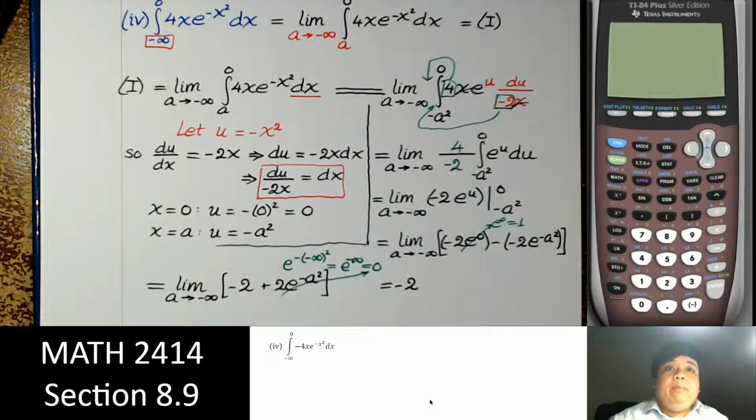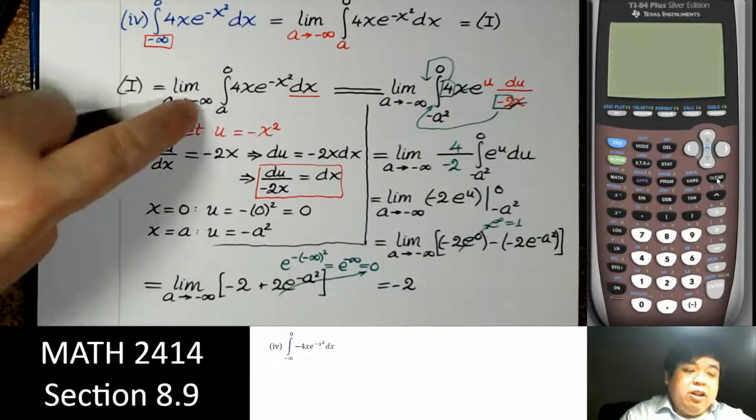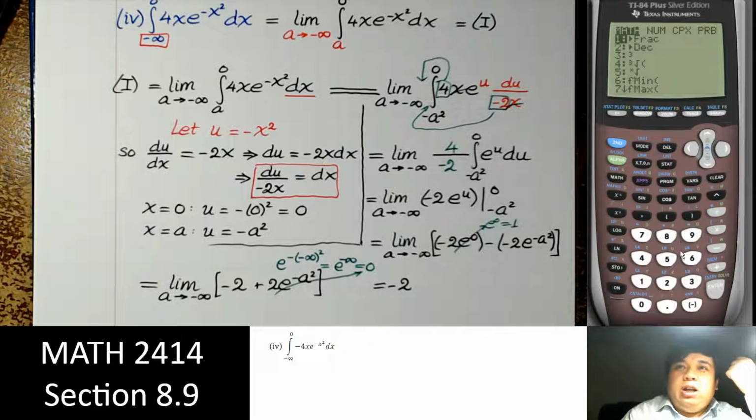Right. Is there a way to confirm this? We cannot really put negative infinity here. Let's say we try negative, that I think is small enough, and then we have 4x e to the negative x squared.